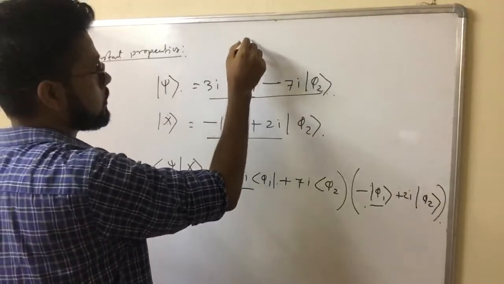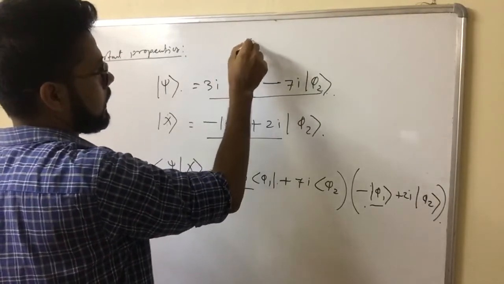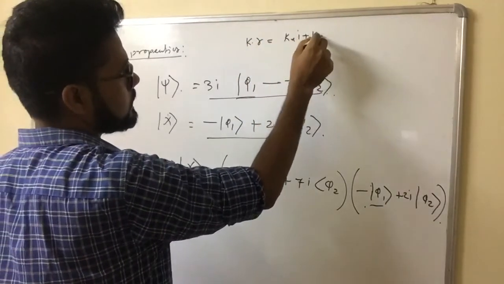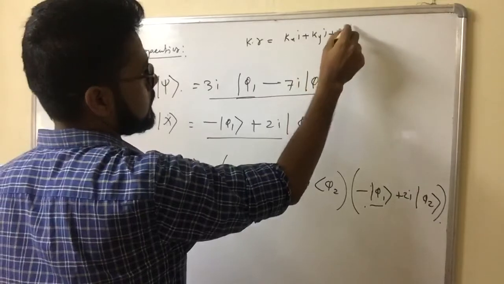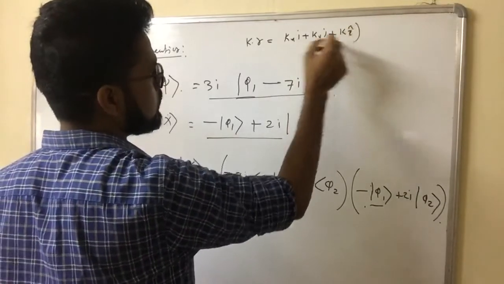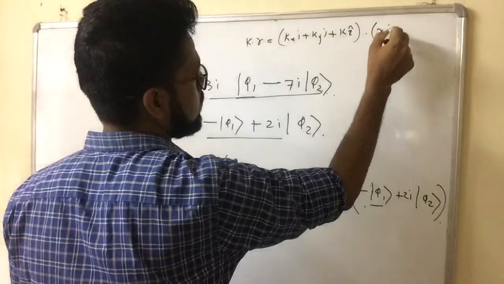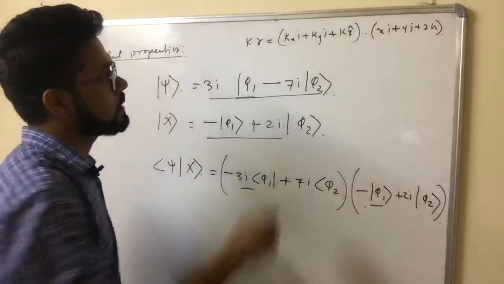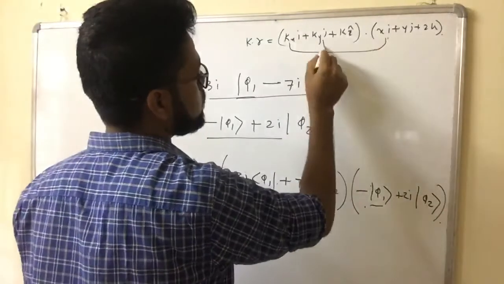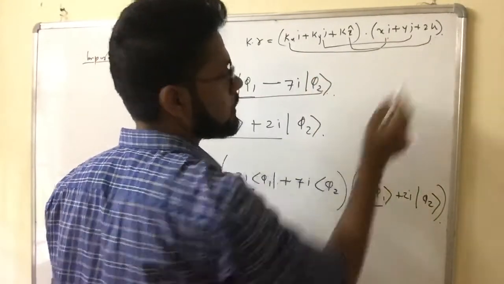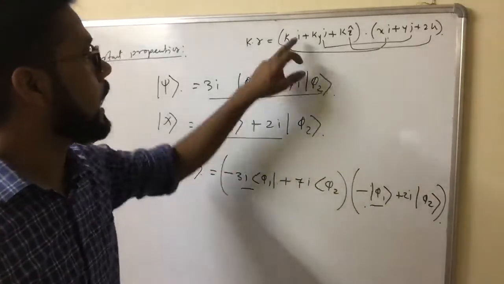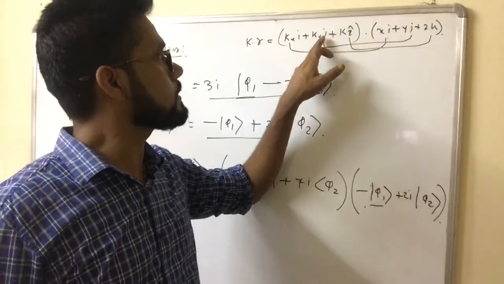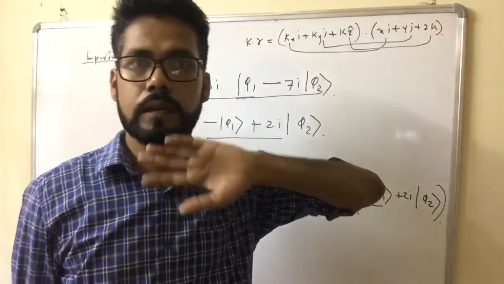Suppose you take k dot r, which means kx i plus ky j plus kz k, dot product with xi plus yj plus zk. But we will do it term by term. We will take the product with these three terms only, because i dot i is 1, i dot j is 0, similarly i dot k is also 0. That's why I am not going to consider them.